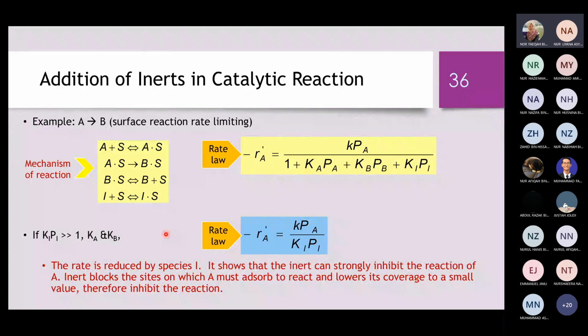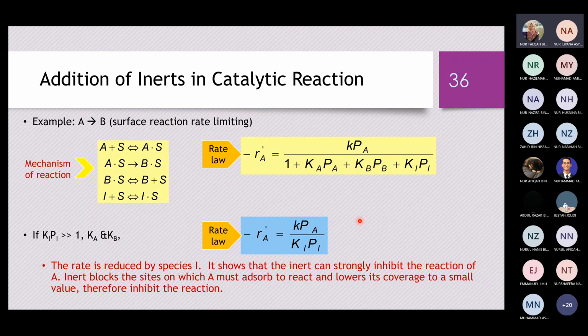Okay, next, if the K_I P_I value, meaning that this value is much larger than 1, and also the adsorption equilibrium constant of species A and the equilibrium constant of species B, okay, reactant and product, therefore we can simplify the rate law as this equation.